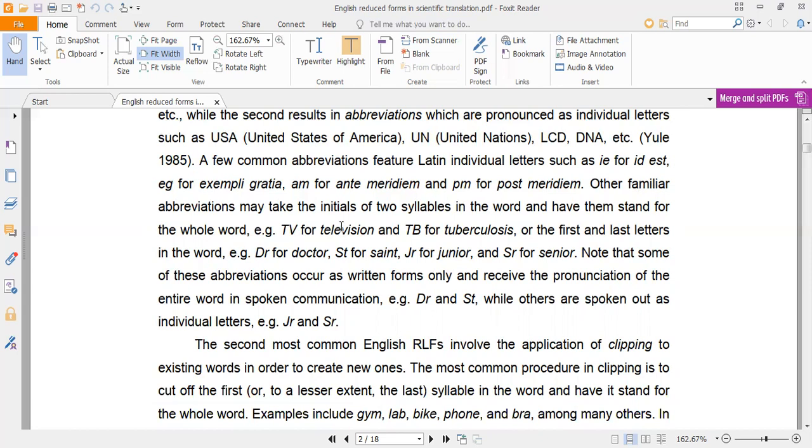The second syllable is vision. Now we take the first letter T and the first letter from the second syllable, V. We put these two letters together and pronounce them individually as TV, television. Okay.